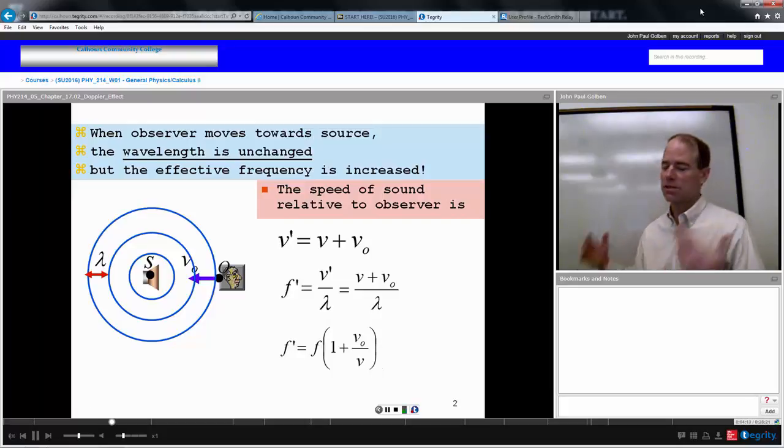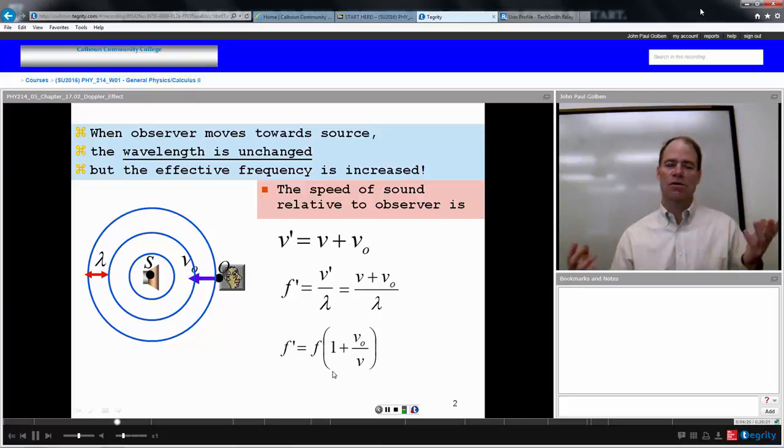And for most practical purposes, for everyday life, it's going to be so small compared to 1 that the observed frequency is going to be pretty much equal to the actual frequency of the source. So for most applications in everyday life, even though I'm walking around, I'm still going to hear the frequency of the source. It's not going to change much as far as I'm hearing it.